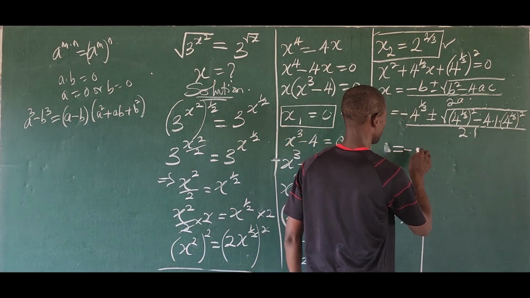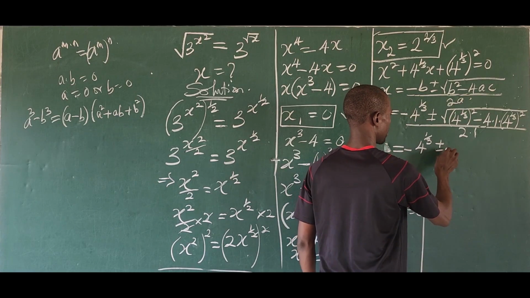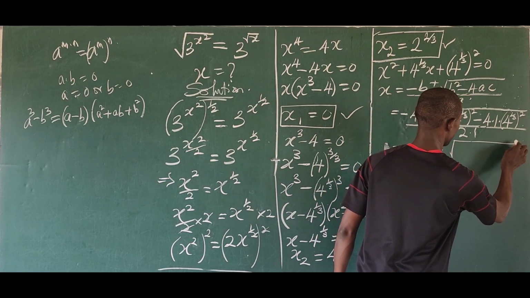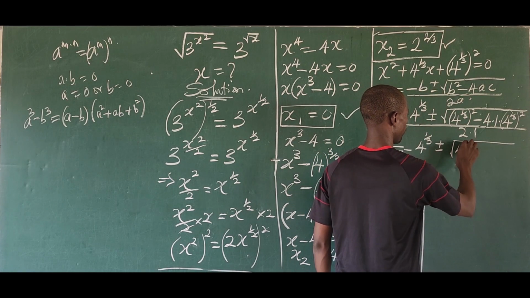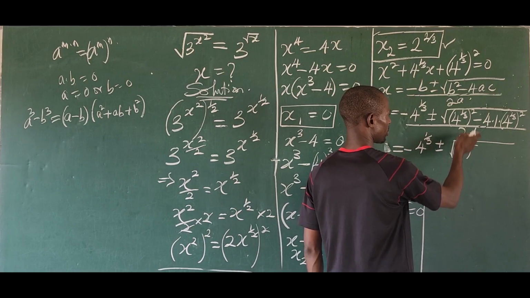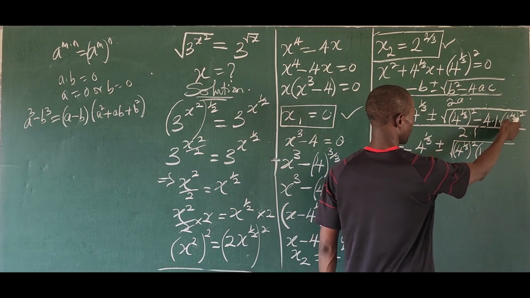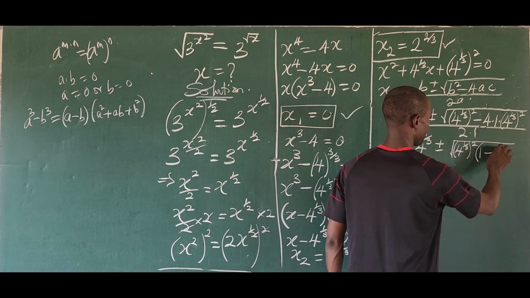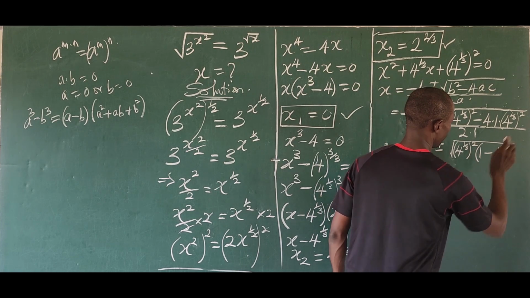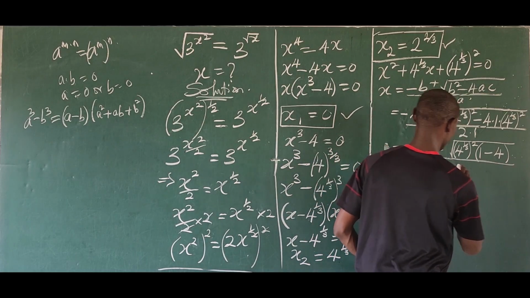So doing that, this will give us minus 4 to the power of 1 all over 3, then plus minus the square root of our 4 to the power of 1 all over 3, all raised to the power of 2. If we use this to divide this, we are left with 1. So we're going to have here 1. If we use this to divide this, we are left with our 4 times 1, which is 4. Easy. Everything all over our 2.